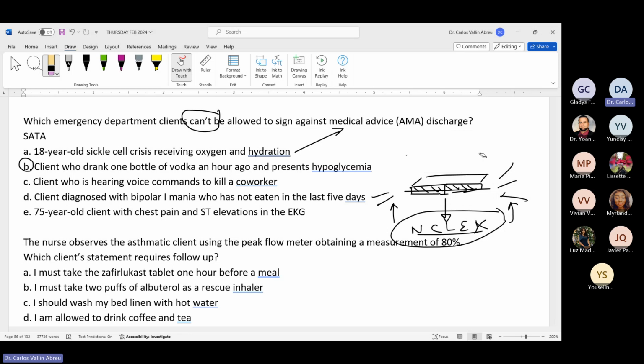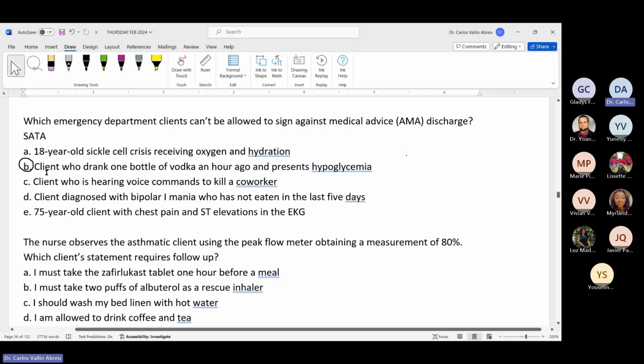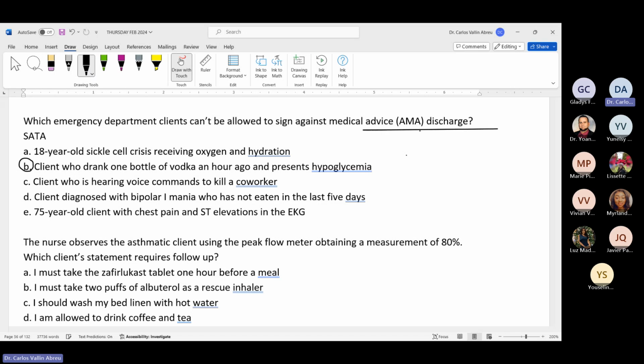What you need to know is that somebody that is intoxicated cannot leave against medical advice because they are not in their mental capacity. But yes, a proxy could probably be authorized to take responsibility for the intoxicated client, but needs to be a designated proxy, and that's it. The important thing here is who can leave against medical advice.